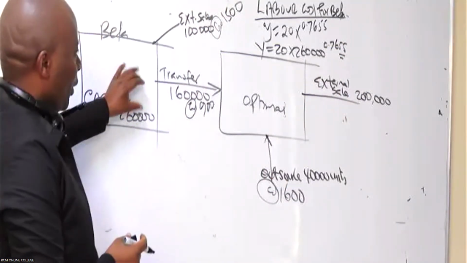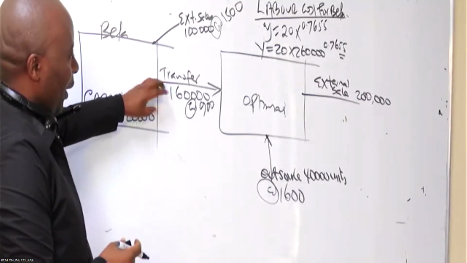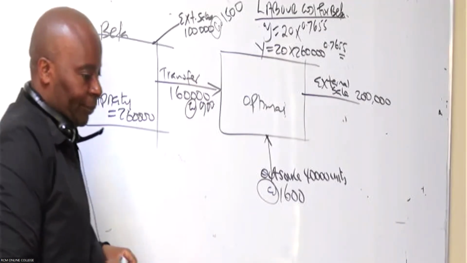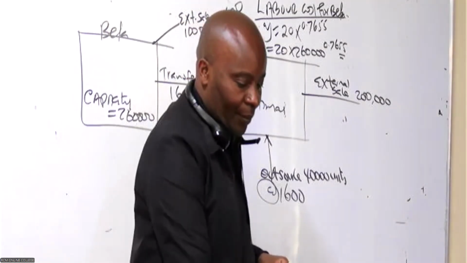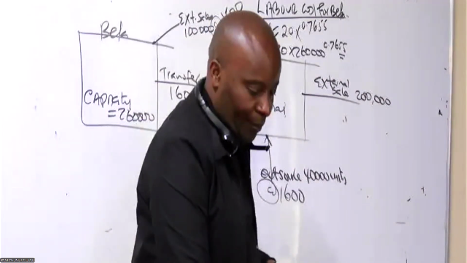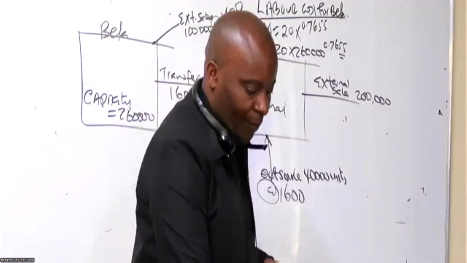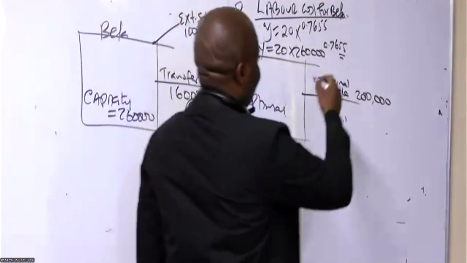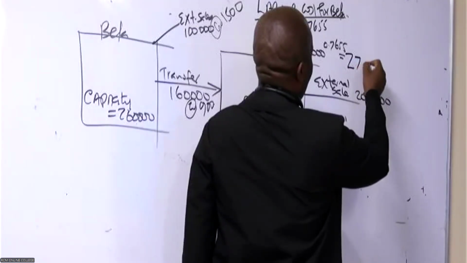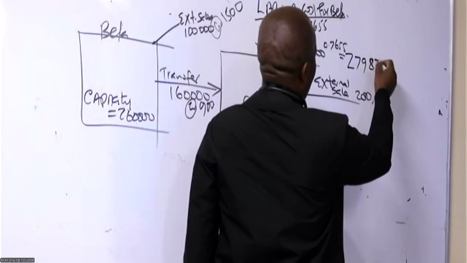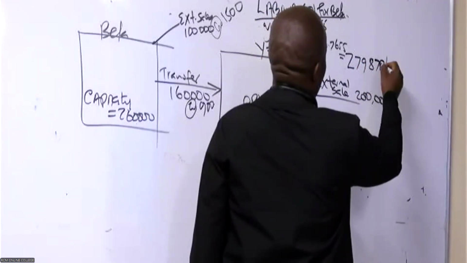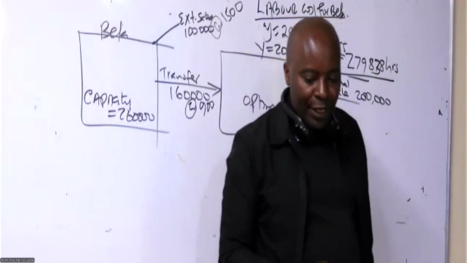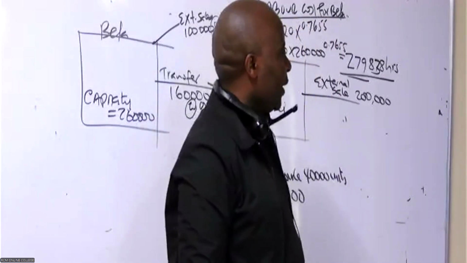Because whether you're transferring outside or internally, in total we have to make 260,000 units. 279, 378. And remember, these are hours.